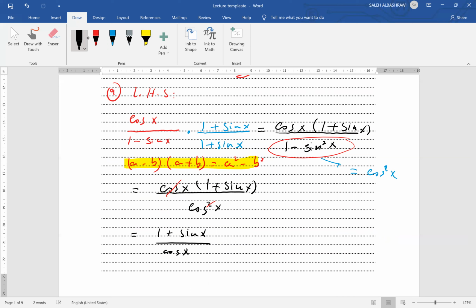over cosine x. Now we can split the fraction as 1 over cosine x plus sine x over cosine x. And this is equal to 1 over cosine, which is secant of x, plus sine over cosine, which is tangent.